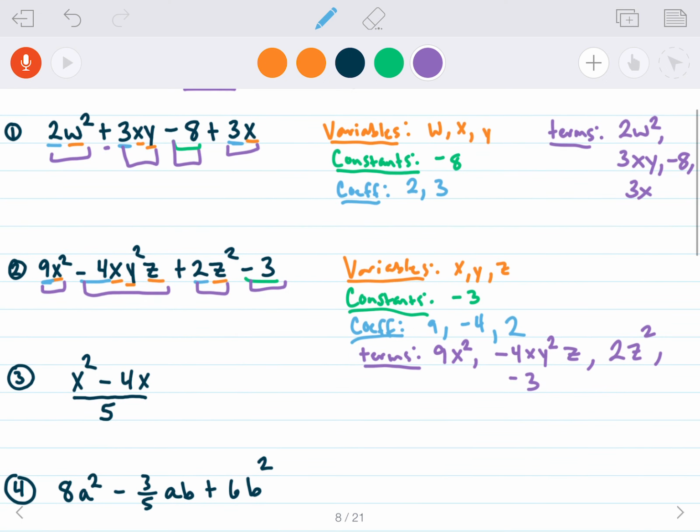Let's look at number 3. Variables are pretty straightforward. All we see is x, so that's our only variable. Before I go any further, I want to rewrite this, because notice that we have a common denominator between the two terms on top.